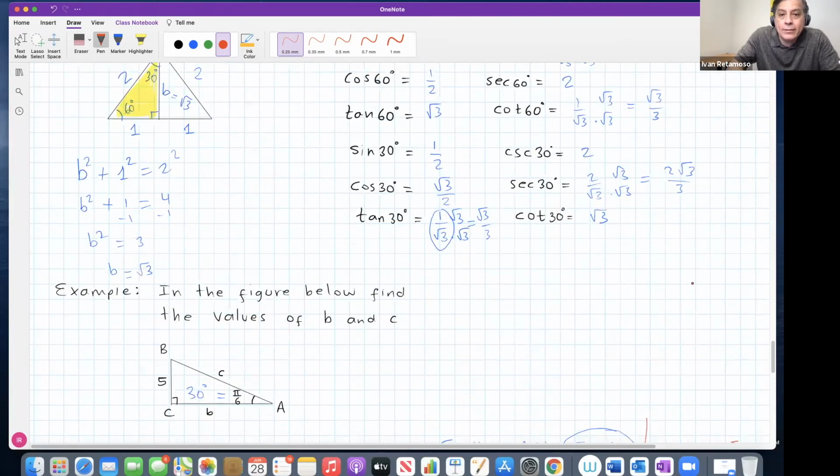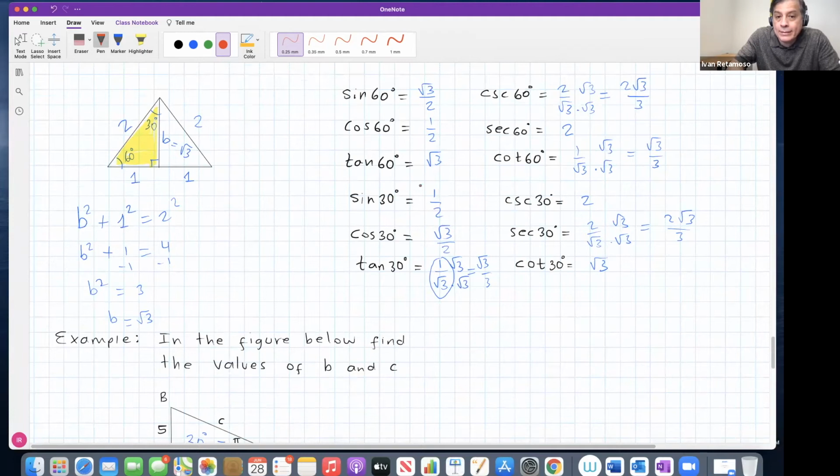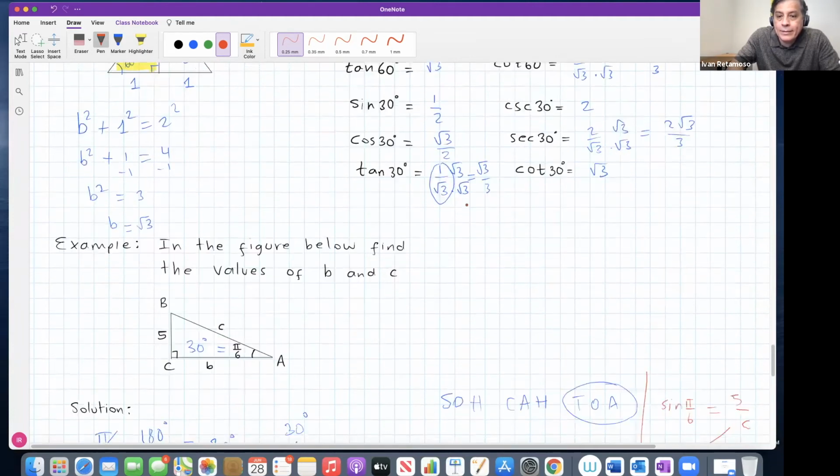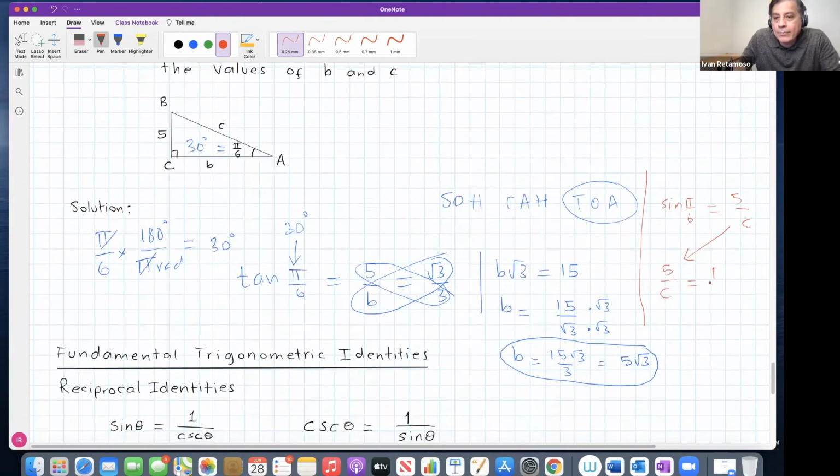Professor, how do you know sine of 30 degrees is 1/2? It is here. Sine of 30 is 1/2. So just make them equal, cross multiply, and you should get your answer from there. C times 1 is C, 5 times 2 is 10. So there you go, C equals 10, right? We were able to find both.